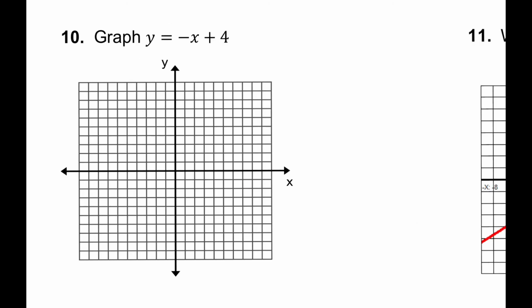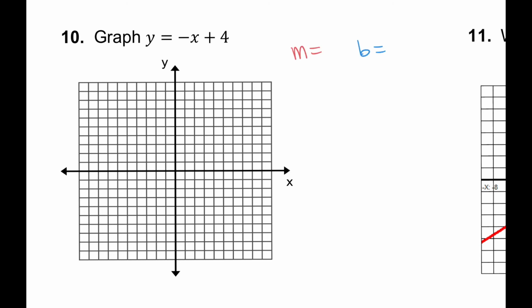Number 10 says graph y equals negative x plus 4. So now we're actually graphing the linear function, the linear equation. So to graph it in slope-intercept form, and this is slope-intercept form because y is by itself, we need the slope and we need the y-intercept.